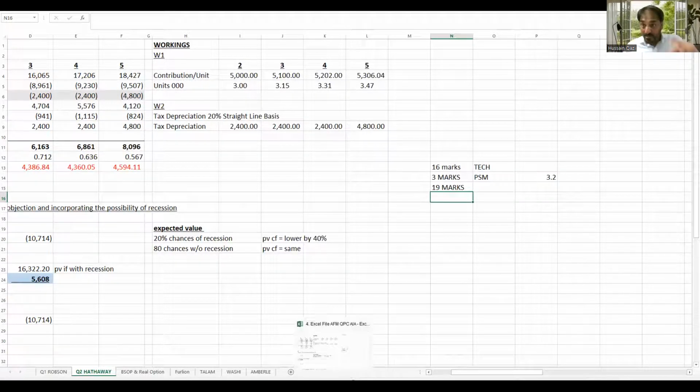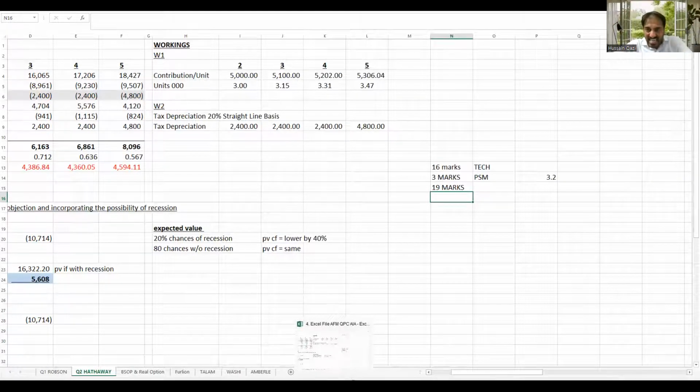So be conscious about that. Whenever you are attempting the calculation, you must ensure that you are doing the right calculation, using the Excel functions, and that your working structure is properly laid out and properly labeled.